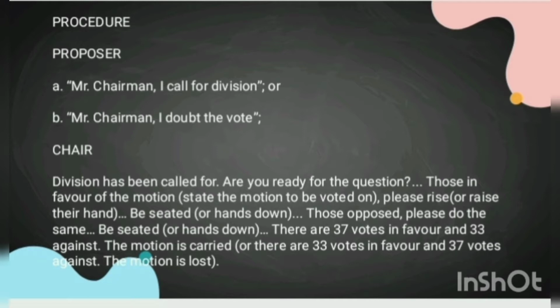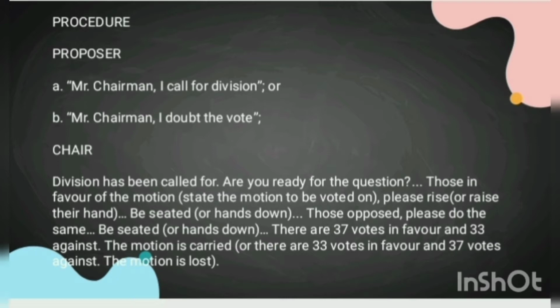So those in favor of the motion, please rise or raise the right hands. The chair will count the votes, and then say, "Be seated" or "Hands down." After that, the chair will say, "Those opposed, please do the same," then counts the votes, then says, "Be seated" or "Hands down."